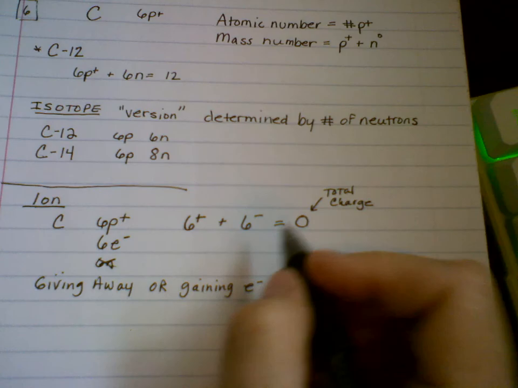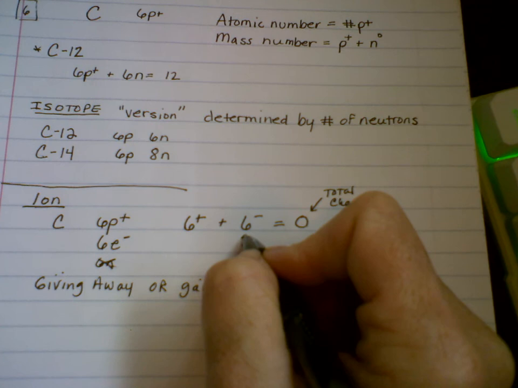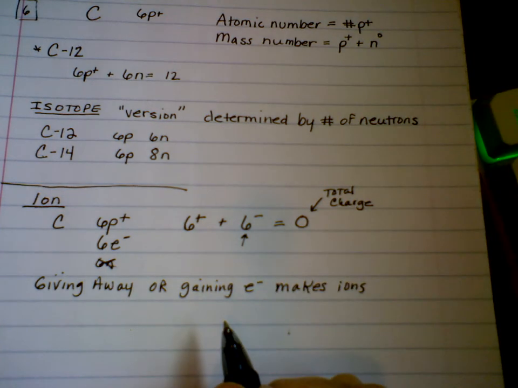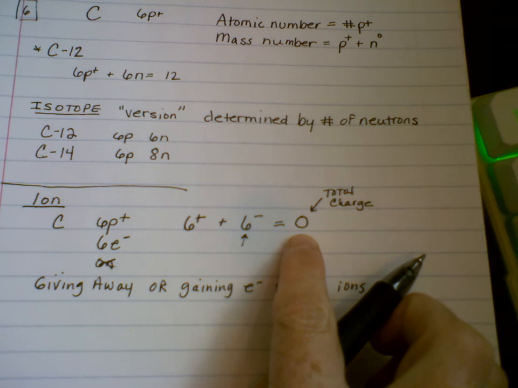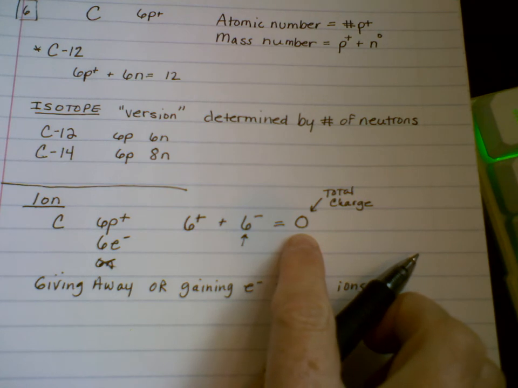Right? If I change this number here to say 8 instead of 6, or if I take away some and change it to a 4 instead of a 6, that's going to change my total charge. That's going to make this not 0.